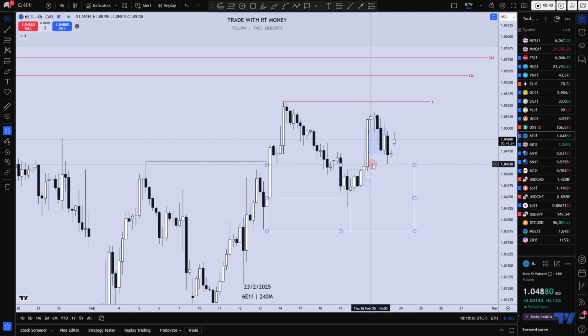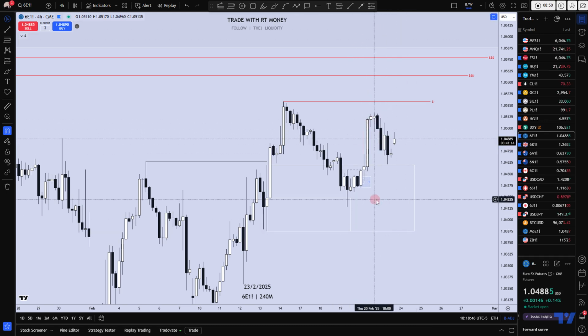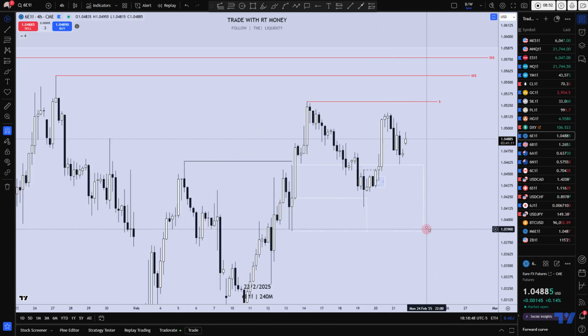You can see that price pushed down into and disrespected the bullish fair value gap here on the 4 hour. I don't usually put a lot of stock in them in the first place on the 4 hour. On the daily and the higher time frames, yes, I give a lot of stock to fair value gaps.